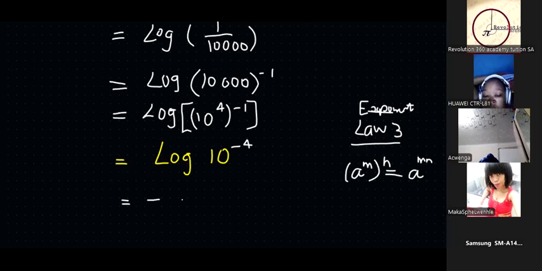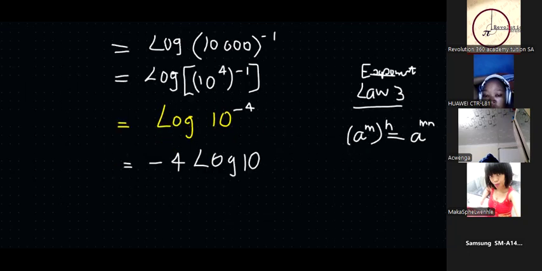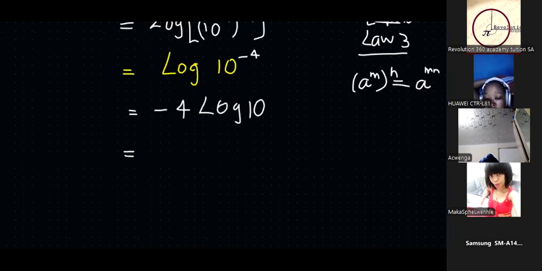And then, it's very important: I told you that the log of 10 is always going to be 1. And then you say -4 times 1, that is -4. So it means -4 should be your final answer.